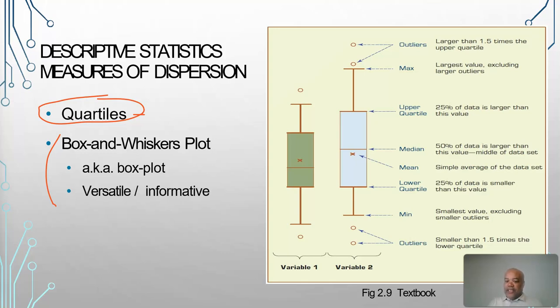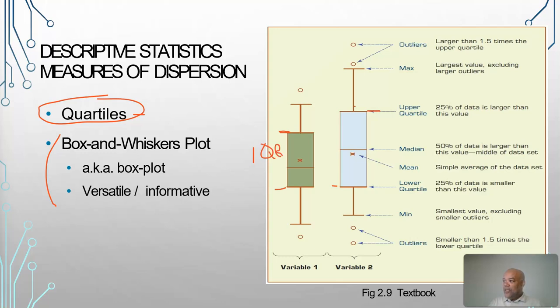The box plot displays what we call the interquartile range, which is the range between the lower quartile, Q1, and the upper quartile, Q3.